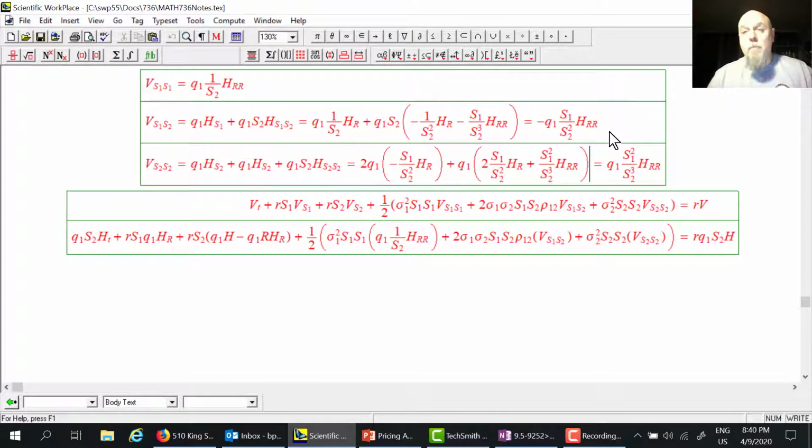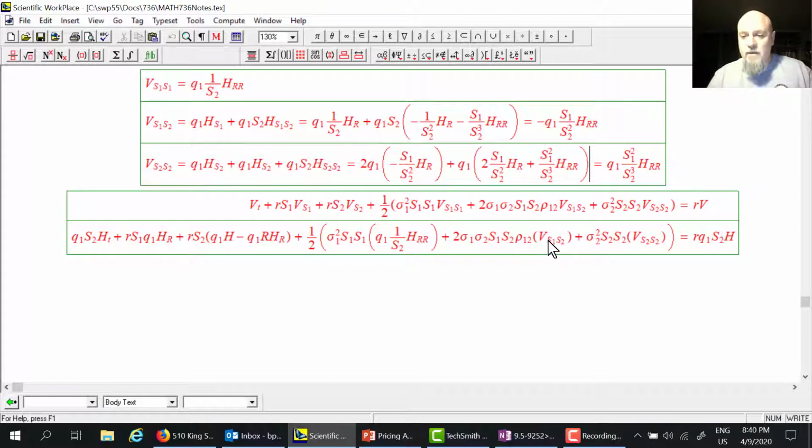Remember that R is S1 divided by S2. So I could write this as R divided by S2 if I wanted to. This I could write as R squared divided by S2. Let's put these pieces in then. I already subbed in for the V sub S1, S1.